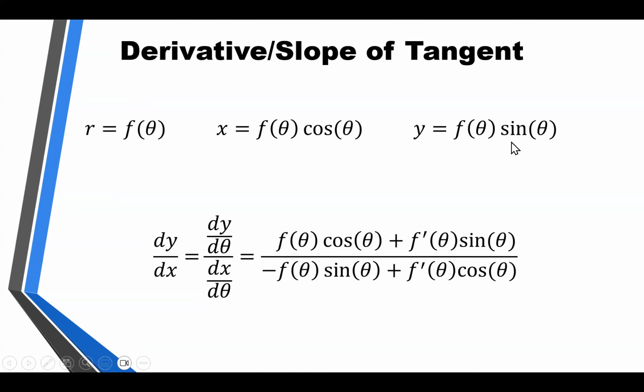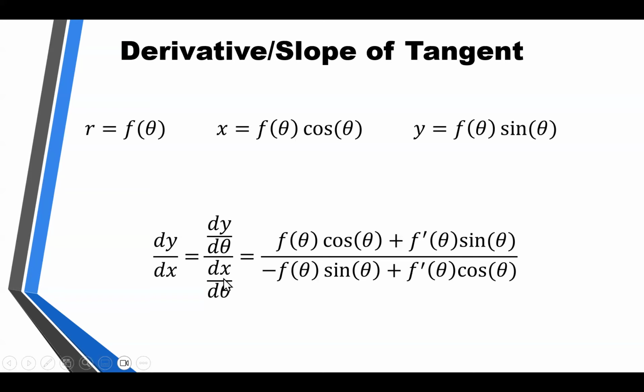Now, when you take a derivative of y, it is a product of two functions, our f of theta times sine. So we take the normal f of theta times the derivative of sine, which is f theta times cosine, plus the derivative of f times normal sine, which is f prime times sine. So in other words, we're using the product rule to find the derivative of y with respect to theta in the numerator.